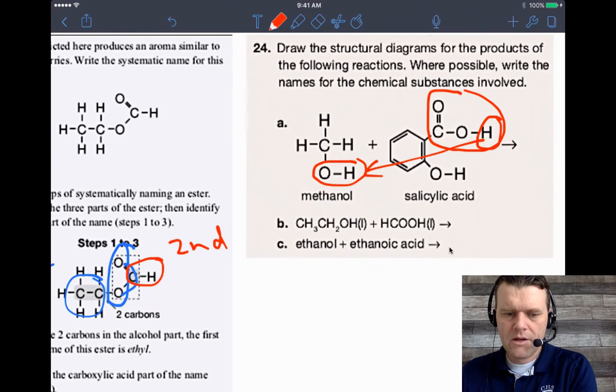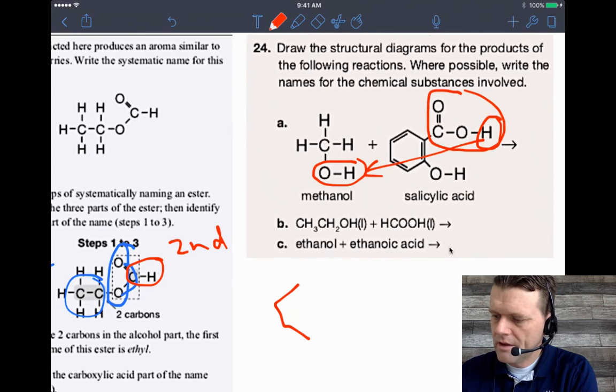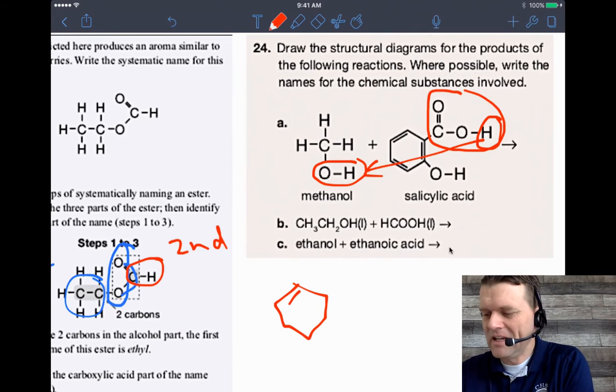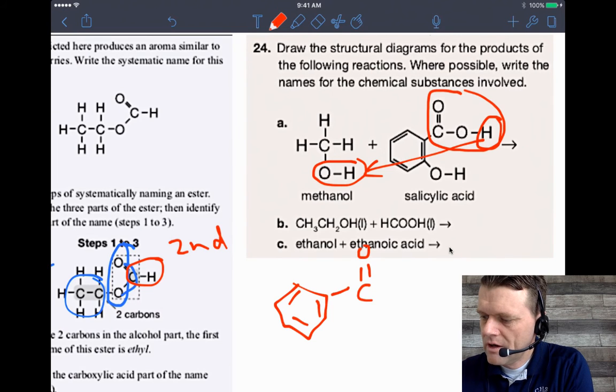So in effect, this is for A. What we're going to end up with, if I can sketch it here, is we're still going to have this that's called salicylic acid. I think I said that right. So it's going to have this carbon double bonded to the oxygen, and then it'll be single bonded to this oxygen, and then the hydrocarbon will now be stuck to it.